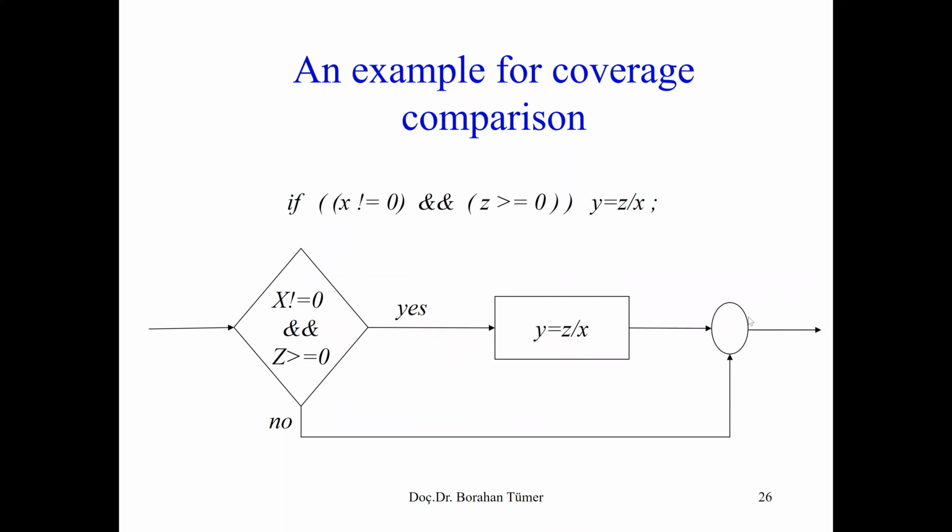What is the minimum number of test cases for a complete statement coverage criterion for this control flow graph? Let me get answers for that question first.